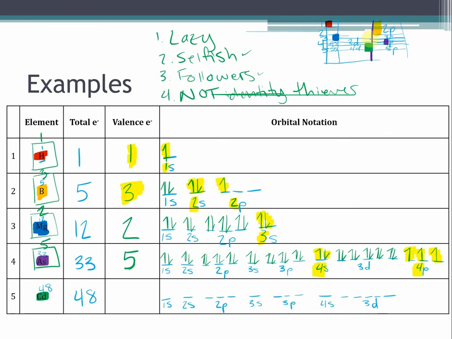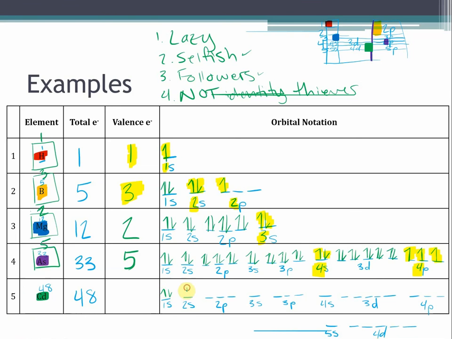And then back up to 4p. Same order every time. And then after 4p, we come back, start a new row. That is 5s. I'll continue it down here. And then after 5s comes 4d. So 1, 2, 3, 4, 5 of my 4d orbitals. And now I'm going to fill those in with 48 arrows, 48 electrons.